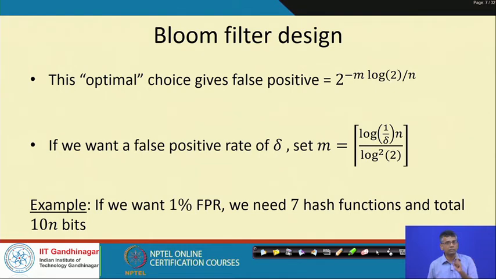Remember, n is not the size of the universe, n is the number of elements that we want to store, right. And you need something like a constant times that for a small enough constant, and you need 7 hash functions. So, at query time you only need to calculate 7 hash functions of the query and you look these up. So, it is fairly fast.